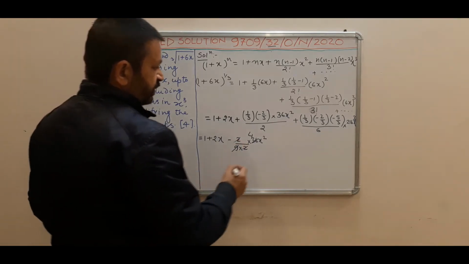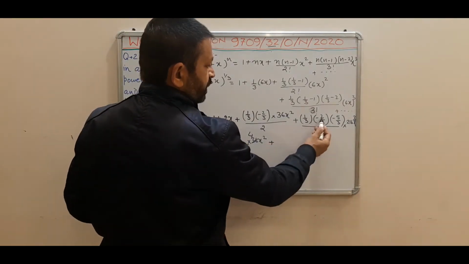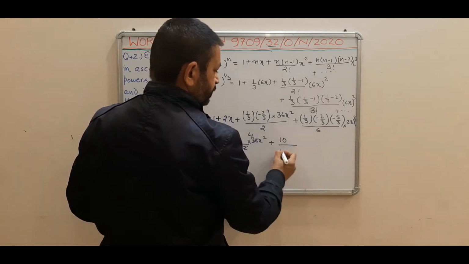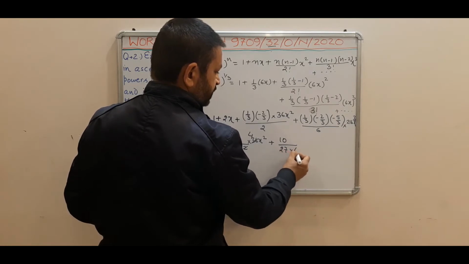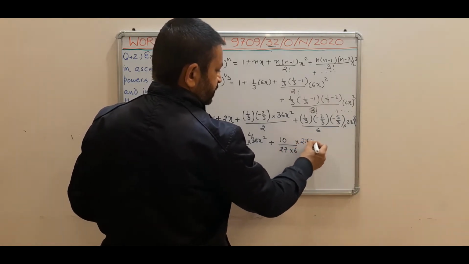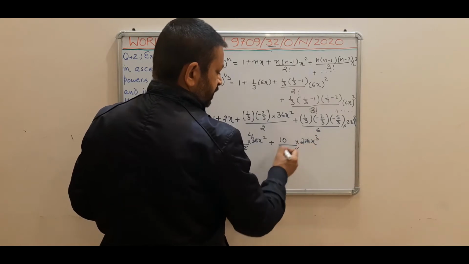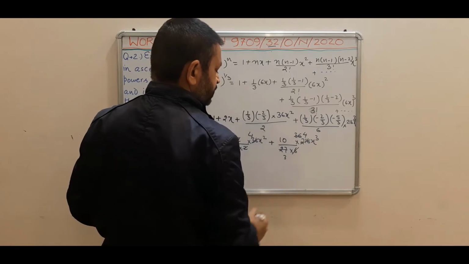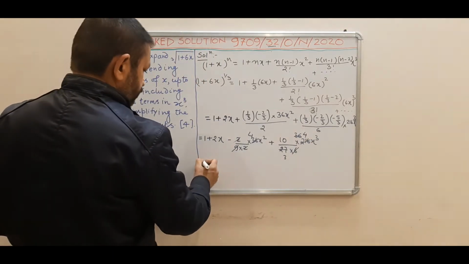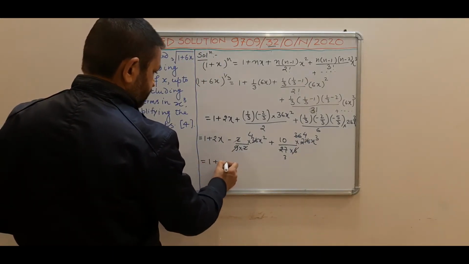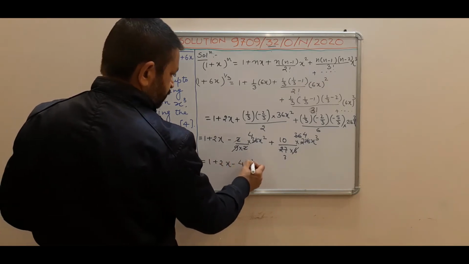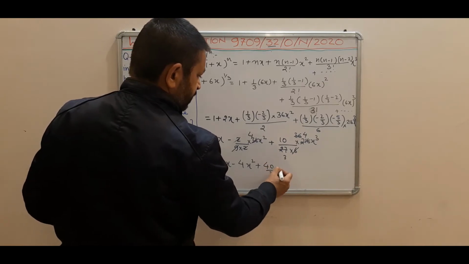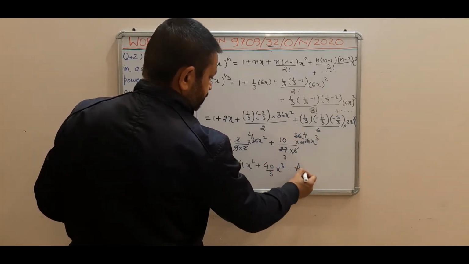So it will become -4x square plus, minus 2 into minus 5 will be plus 10 upon 3 into 3 into 3 is 27 into 6 into 216 x cube. 6 will cancel this, we'll get 36 here, then 9 3s are 27, 9 4s are 36, 40 upon 3 x cube. So finally we have 1 + 2x - 4x square + 40/3 x cube. This is your answer.